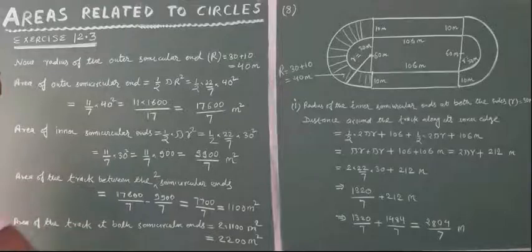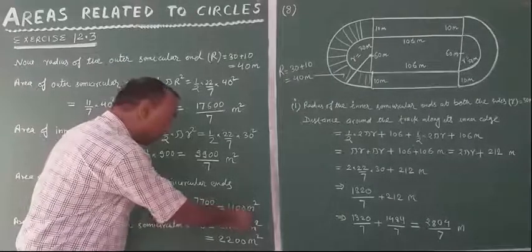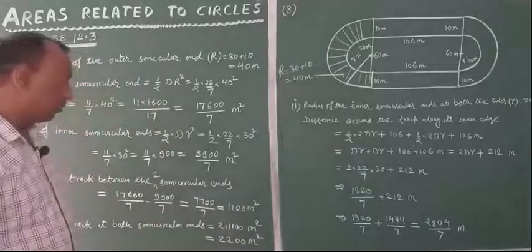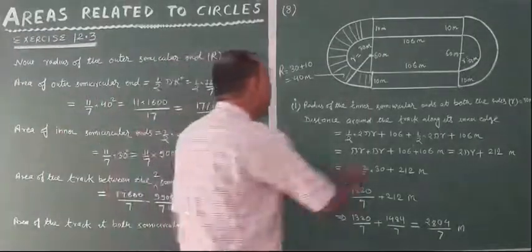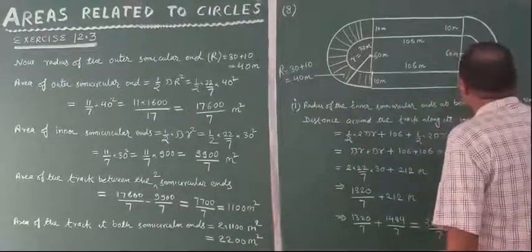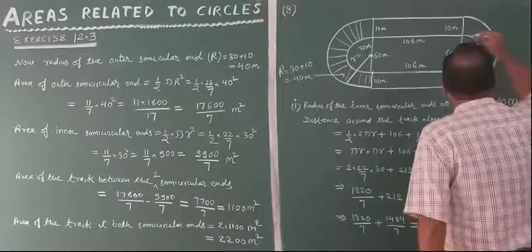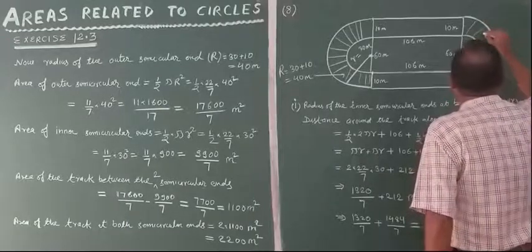So area of the track at both the semicircular ends, that will be 2 into 1100, that is 2200 meter square.